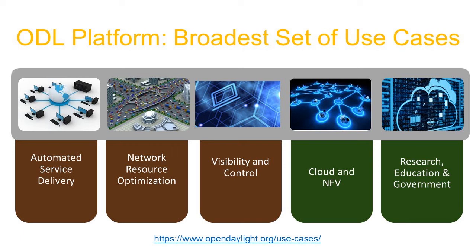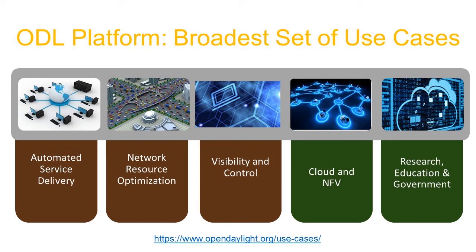As part of our user survey, we really found that there are 5 main use cases that people are using OpenDaylight for. The first one is automated service delivery, and this is the ability to provide new services quickly, usually to your customers.